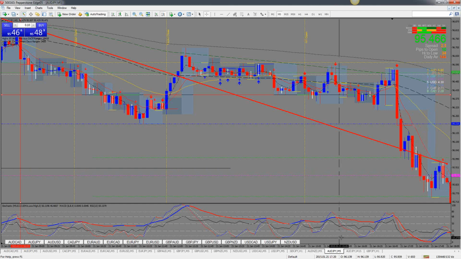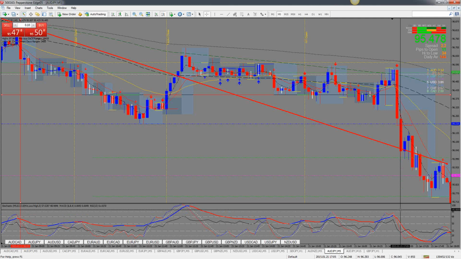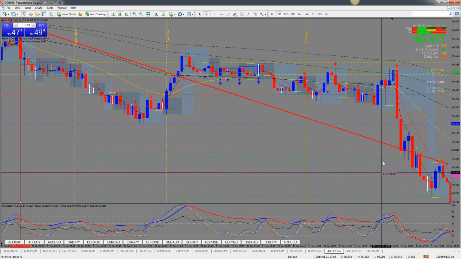I come up over here. I was overbought on my stochastics when I got the signal bar. The next bar comes down, my indicator's red. So those are confirmations.